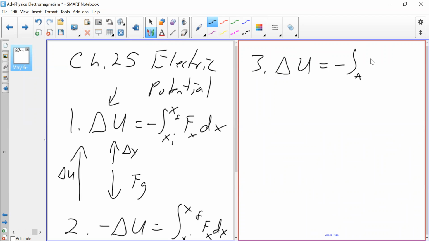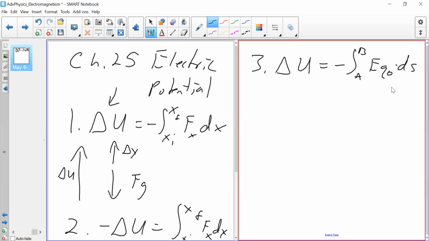Now I'm just going to say arbitrary points A and B. This is start and this is finish. Well, electric force is going to be E times Q. I'll say test charge Q naught. And let's say some arbitrary distance, not just X, Y, Z, just call it some line, call it S or R, whatever. We know that this is going to be a line. It's going to go from one point to the next, initial to final, final minus initial, displacement.